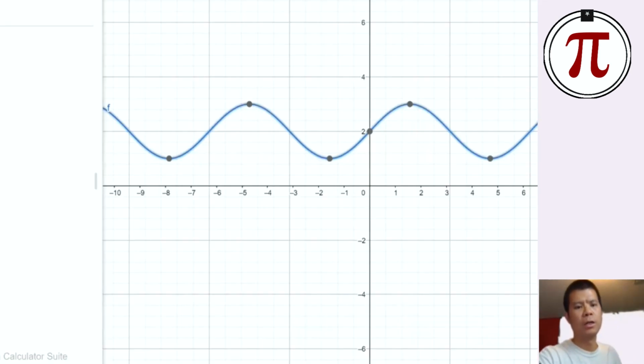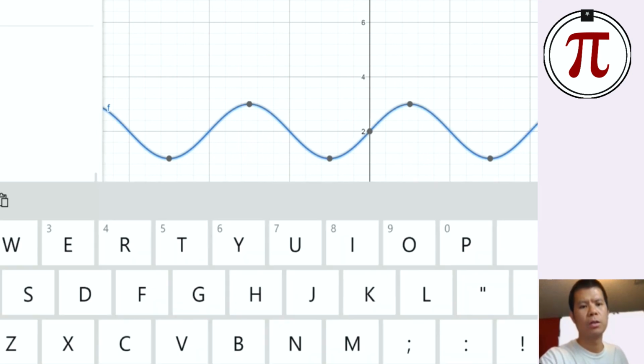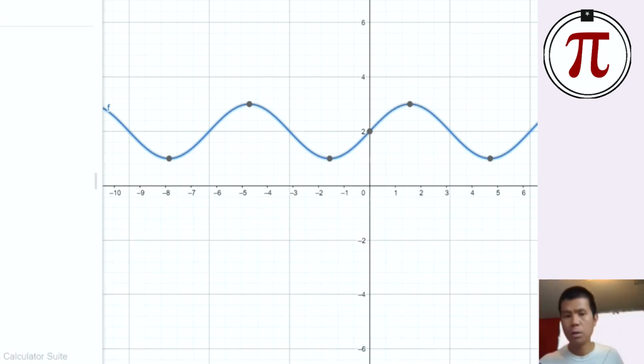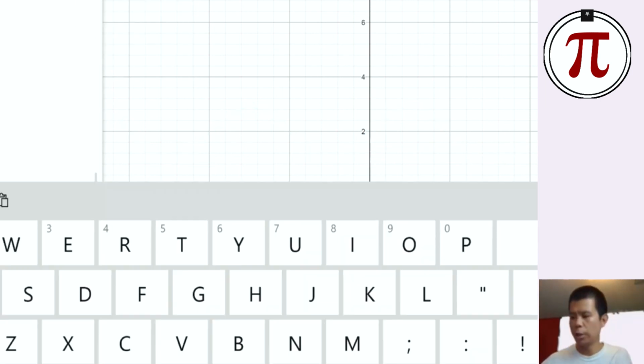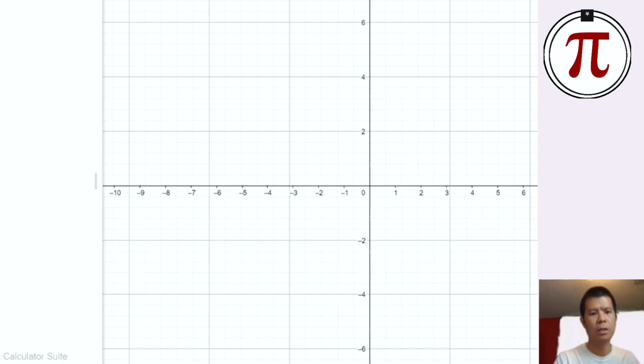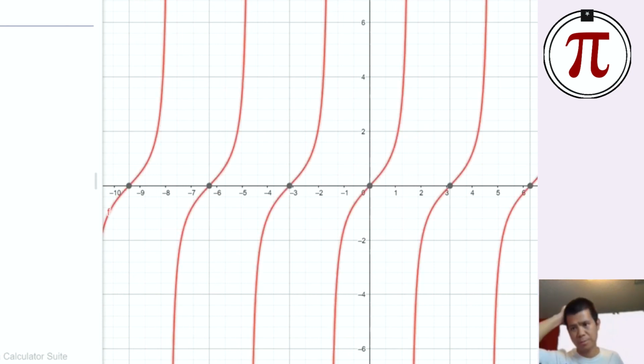You may also want to draw one using GeoGebra. Okay, let's just draw one in GeoGebra then. It equals tangent of x. You see this?